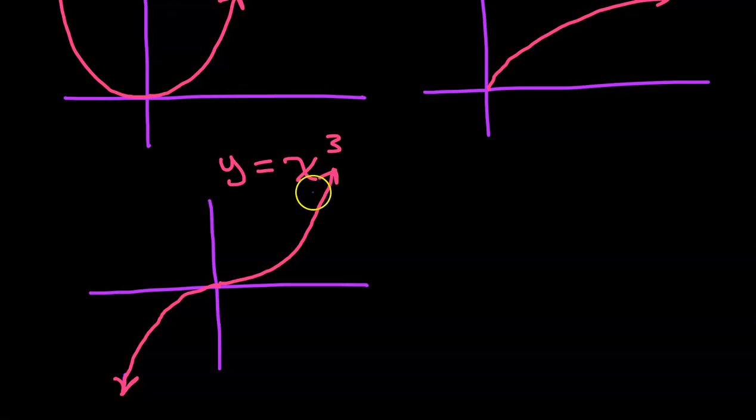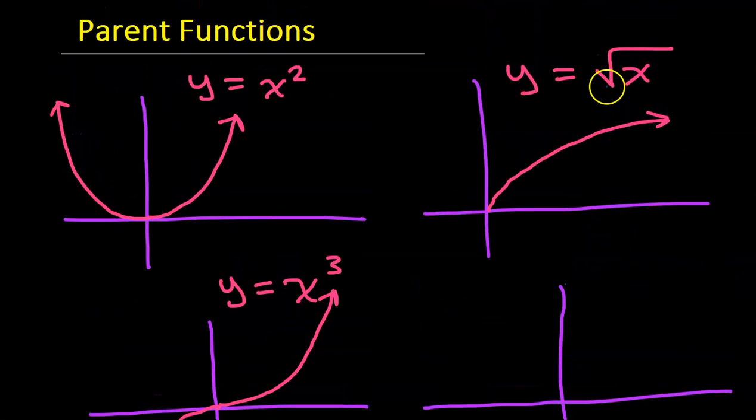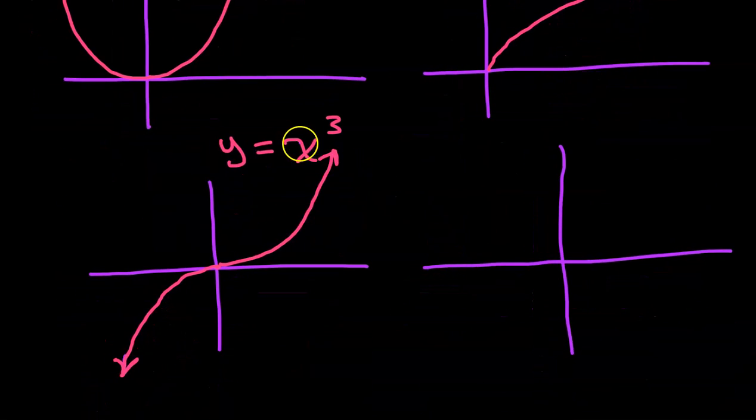So what about the cube root of x? Well, notice how we had x squared, it was a parabola. The square root of x was a sideways parabola. Similarly, the cube root of x is going to be a sideways wave.